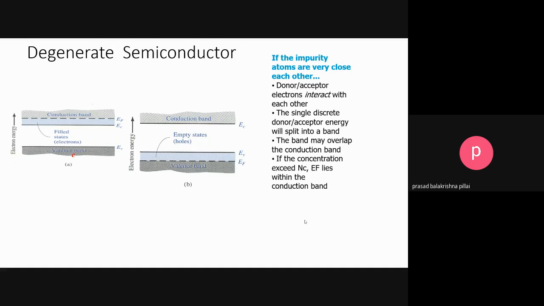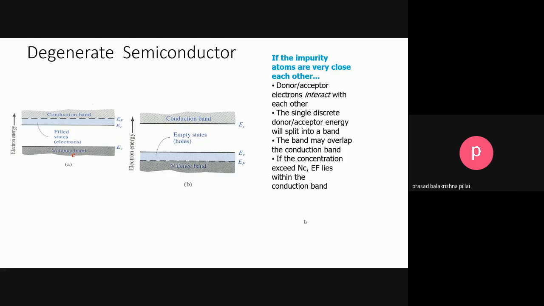Similarly, in the case of p-type material, the Fermi level will be very close to the valence band. Now, for a degenerate semiconductor, the Fermi level will go into the conduction band or into the valence band, like a metal.